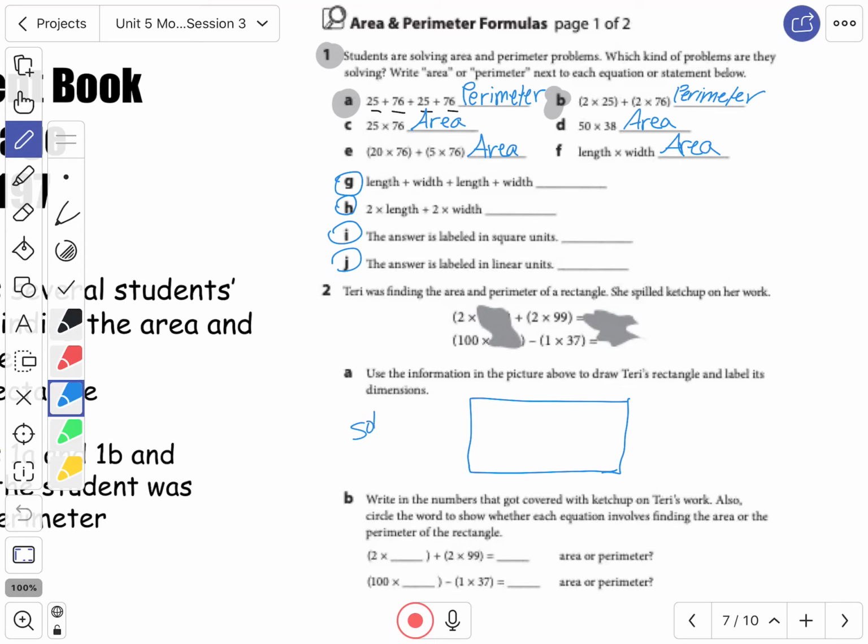And then for B, write the numbers that got covered with ketchup on Terry's work, and also circle the word to show whether each equation involves finding the area or the perimeter of the rectangle. So here, you're going to have to circle area or perimeter. Don't forget to do that. So you finish this on your own.